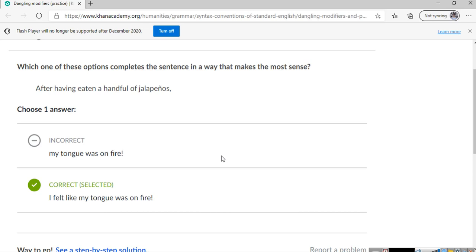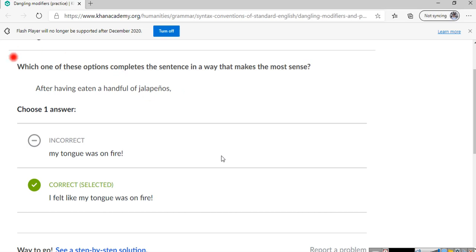Because it's talking about the same person and not about the tongue. That is correct. It's talking about the person. So when we have a phrase like this, we already have a clue that if we make a description right after the comma, we're supposed to make a mention of the subject.